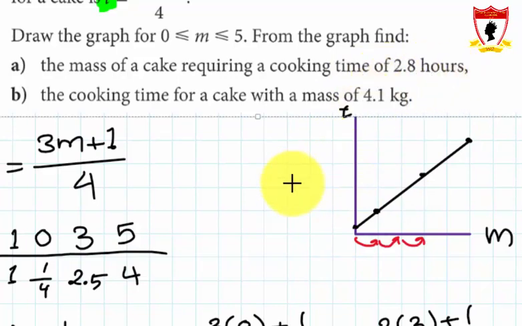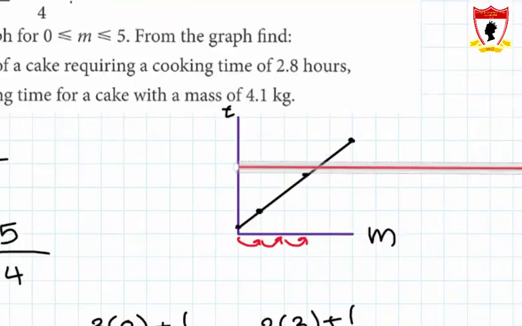2.8 hours, it's about time, so we have to find 2.8 on the vertical line. 2.8 is around here, it's too close to 3. And this line crosses the graph here. Extend this line from this point, so it crosses the m-axis somewhere less than 3.5. 1, 2, 3, it's less than 3.5.